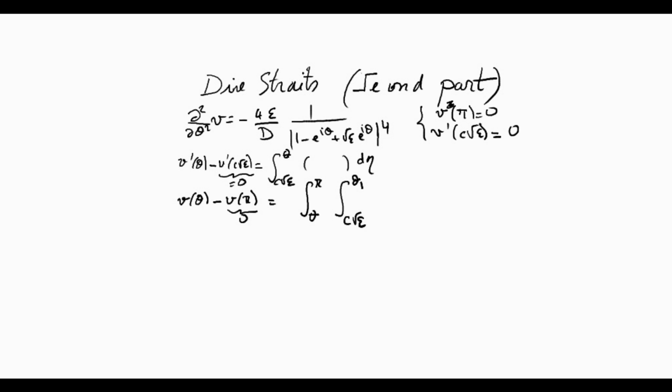And then what we need to have is this term here, which is 1 minus iu plus square root epsilon of iu to the power 4 du dθ1.